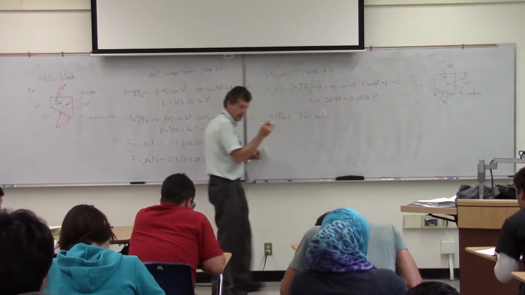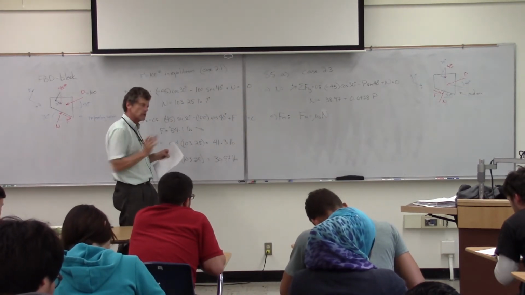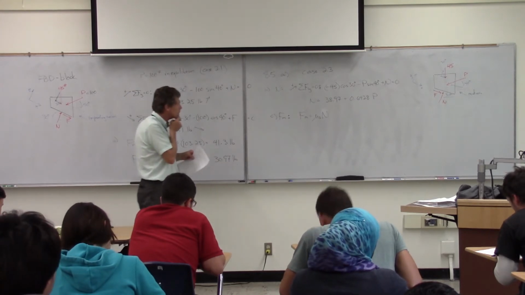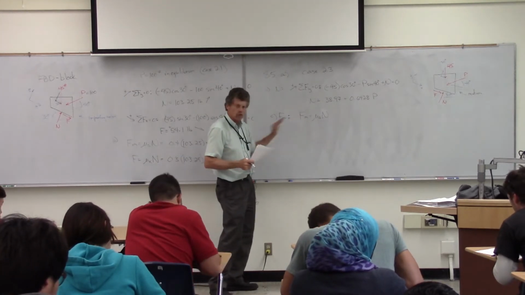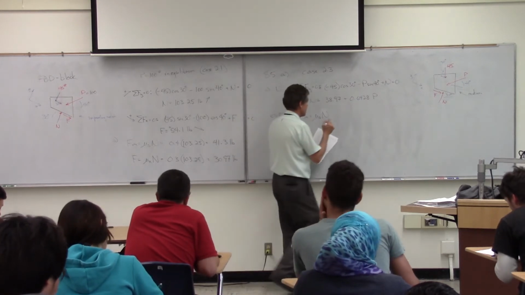Okay, my next step then is let's figure out what that maximum friction force is. What is that force necessary, that F_m, to start the motion? It needs to exceed that to start the motion.